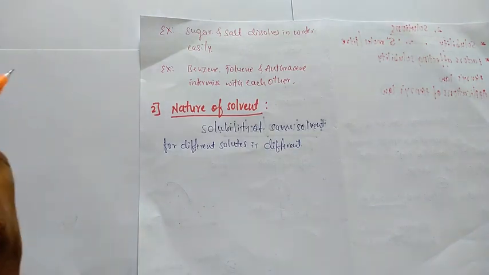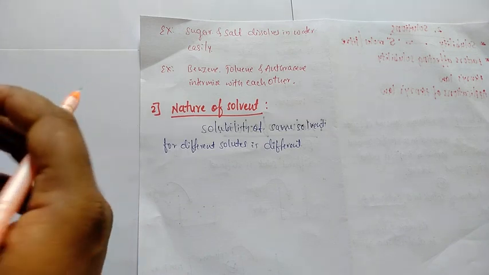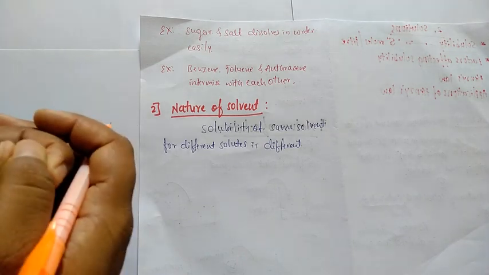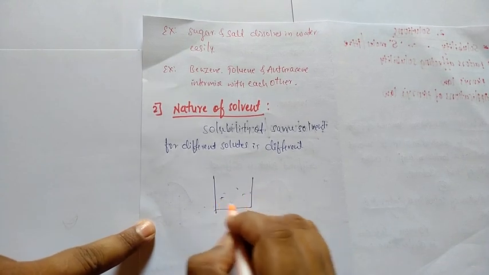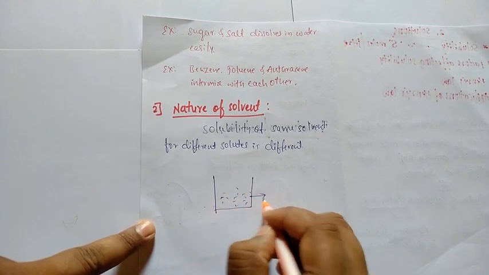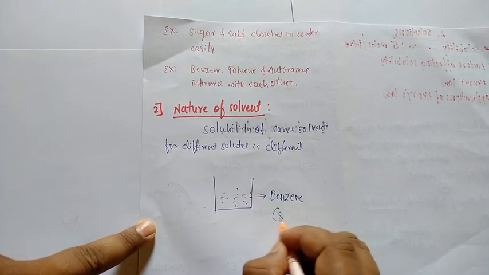Example: toluene, naphthalene and anthracene dissolve readily in benzene, but sodium chloride and sugar do not dissolve in benzene. We can take the example again, with benzene as the solvent.